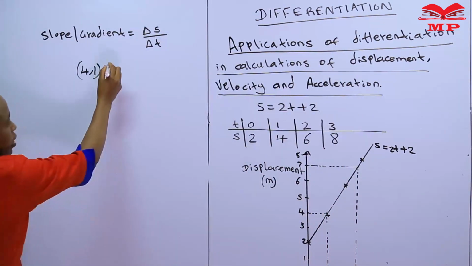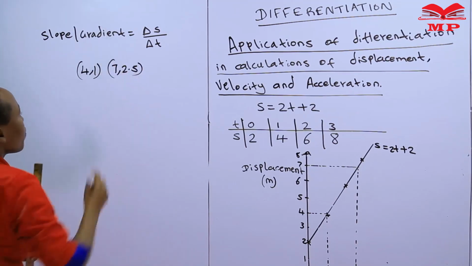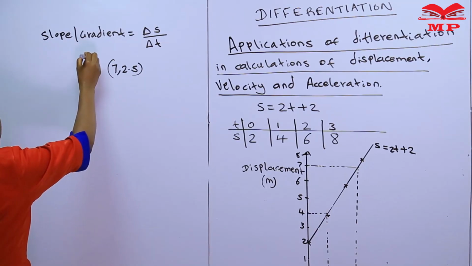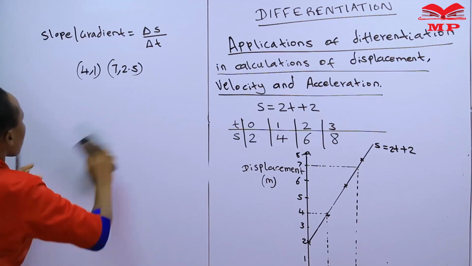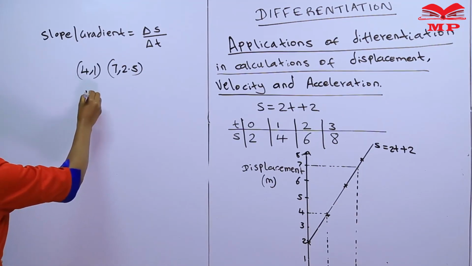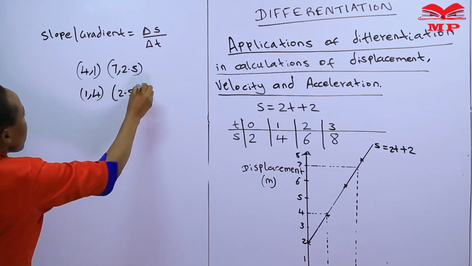So we have 7 and around 2.5. So we want to get the slope. Here 4 is the displacement, so we interchange because we need to write them as x, y. So we have 1, 4, and then 2.5, 7.